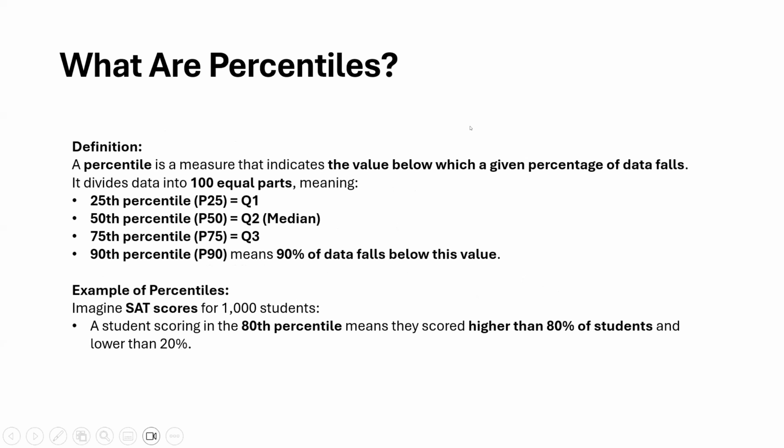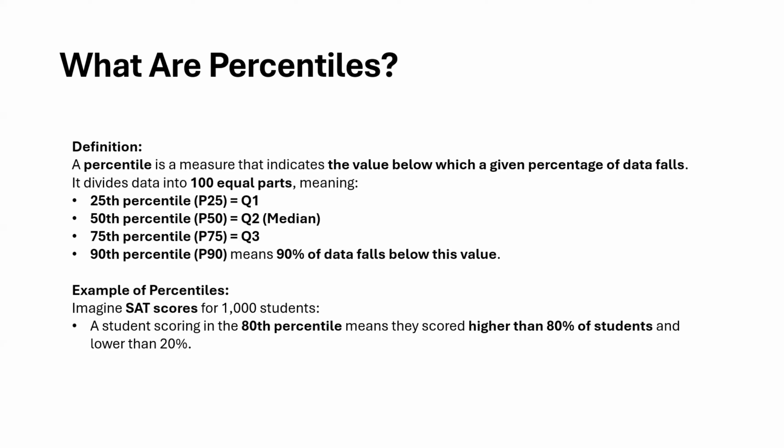I think I've already covered what percentiles are when I was trying to explain the quartile, but let's have a quick look at this. So what is a percentile? It basically divides your data set into 100 equal parts. Let's say we have numbers from 1 to 100, so each number is representing a percentile.